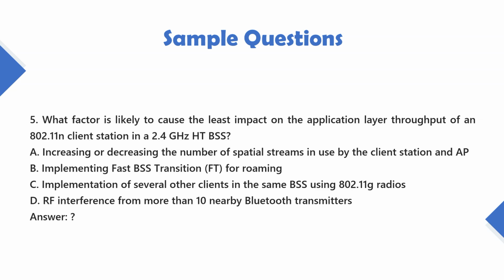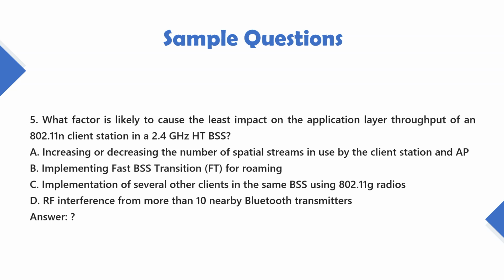5. What factor is likely to cause the least impact on the application layer throughput of an 802.11n client station in a 2.4 GHz HT BSS? A. Increasing or decreasing the number of spatial streams in use by the client station and AP.